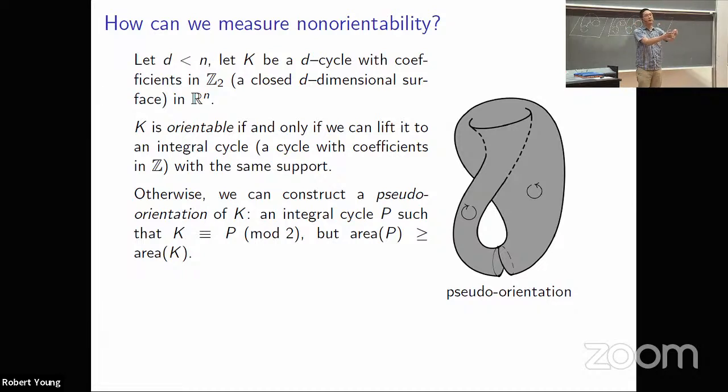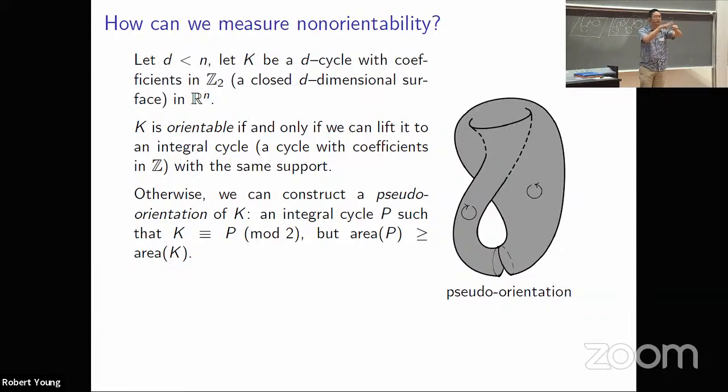If we cut the neck of the Klein bottle, we get a cylinder. If you cap off both ends of the cylinder, you have a sphere, and the sphere is certainly orientable. So what is the fundamental class of that sphere? Well, it's the surface of the Klein bottle with a certain orientation, plus two disks, one at each end of the cylinder. And because of the twist in the Klein bottle, those two disks have the same orientation.